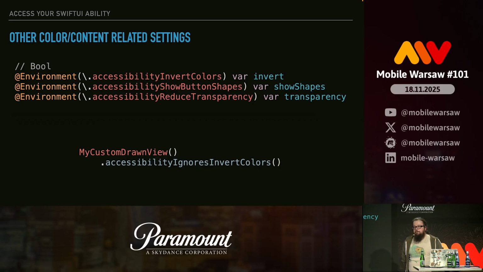But maybe you have some custom drawn views that it won't pick out automatically, so you can also opt out of it if it makes sense. The show shapes is a funny one because in old iOS versions it, for example, added underlines to buttons to make them stand out more from the rest of your content. With liquid glass, it makes the borders a bit more prominent.